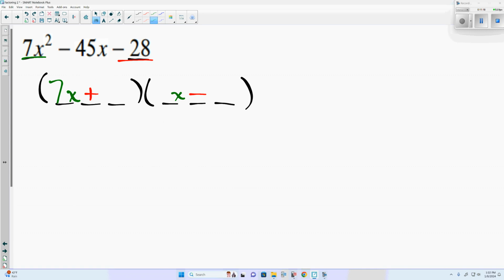Factors of 28, there's more than one set of factors: 1 and 28, 2 and 14. 3 is not a factor, but we do have 4 and 7. Which one do we want to try first? 2 and 14.